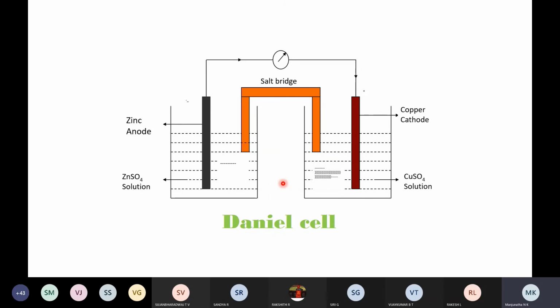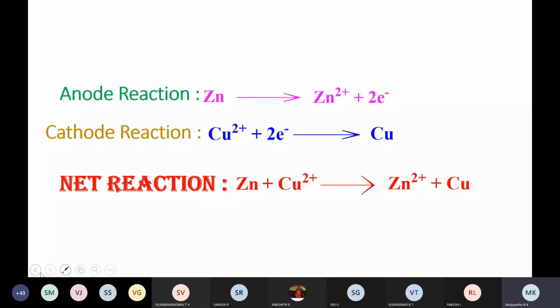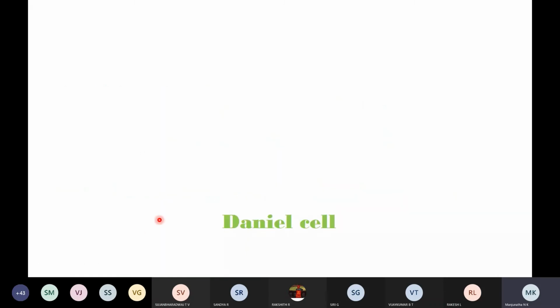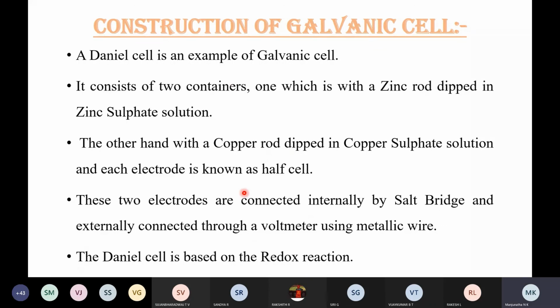No, sir. So this is the first construction of the Daniell cell. So this is the construction, once you go through it.